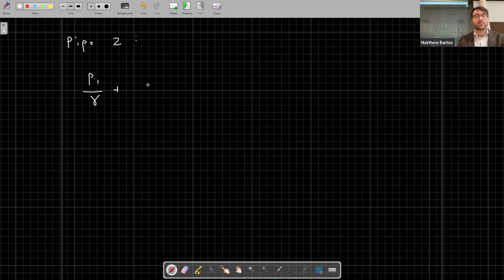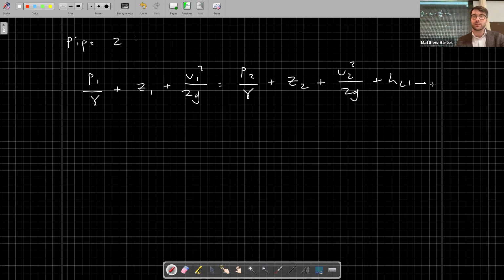So this would be P1 over gamma plus Z1 plus U1 squared over 2G is equal to P2 over gamma plus Z2 plus U2 squared over 2G plus the head loss from 1 to 2.